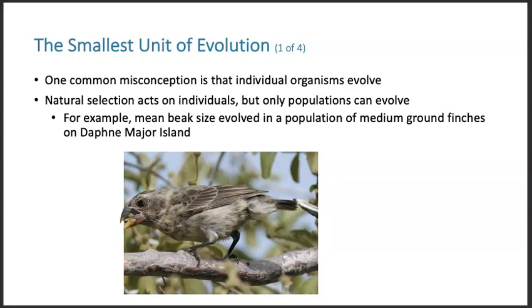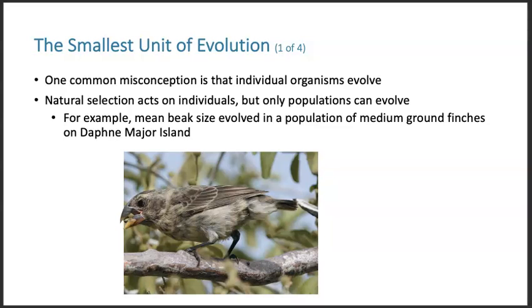So if you're going to talk about evolution, you have to understand how a population changes over time. So an example here, I'm showing you a ground finch, and this ground finch is found on one of the Galapagos Islands called Daphne Major. This ground finch has been studied ever since the 1970s, so a really long time.